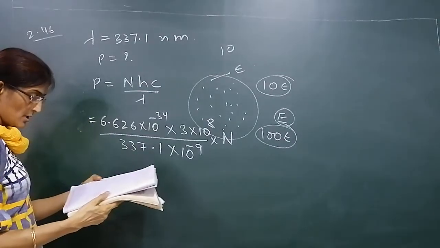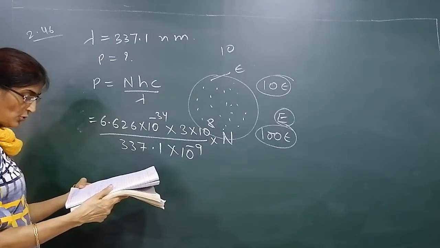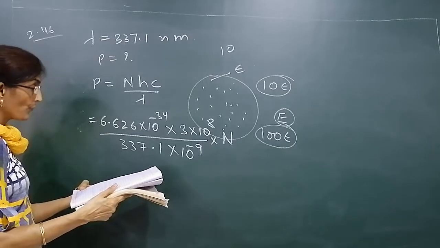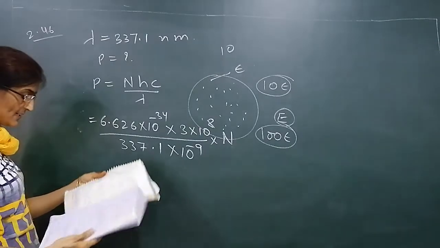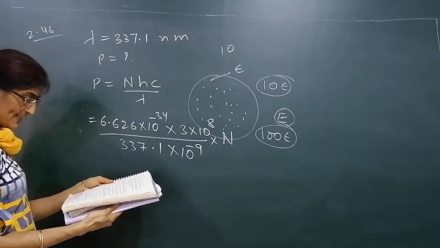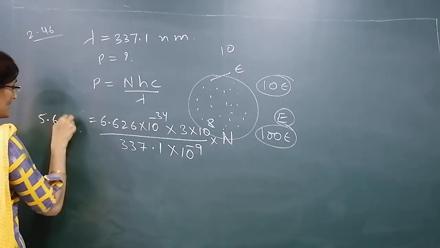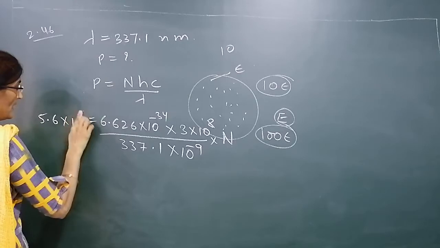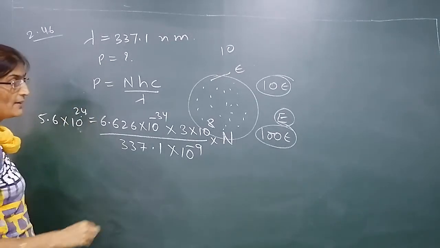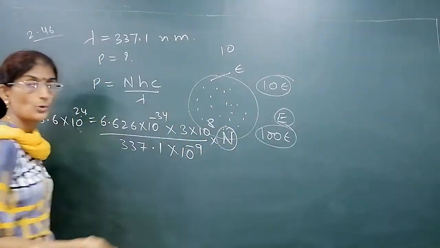Power is given as 5.6 × 10^24, sorry. If you solve it, then we will have n, the total number of photons.